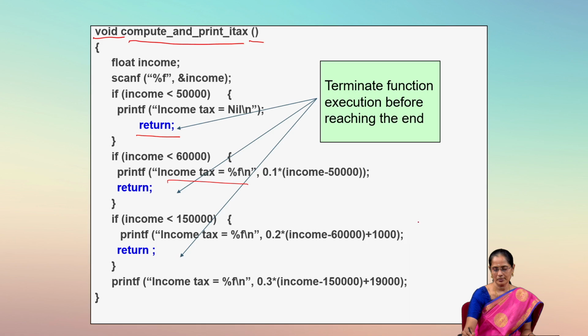Similarly, the next part also calculates the income tax and uses the return statement with no values. So, since all the components close the execution without return values, the data type is void.